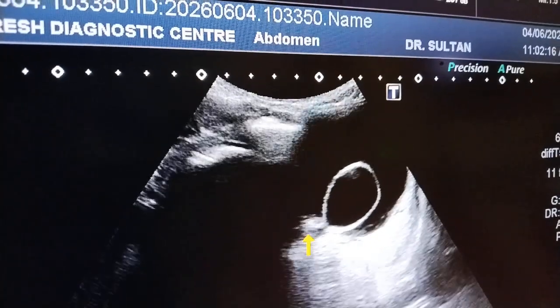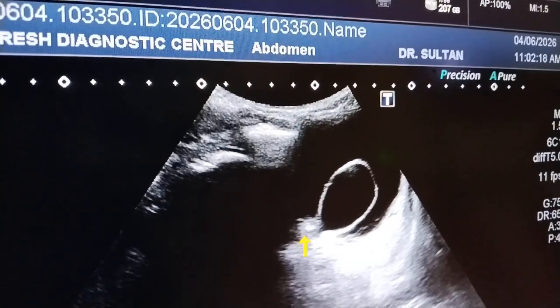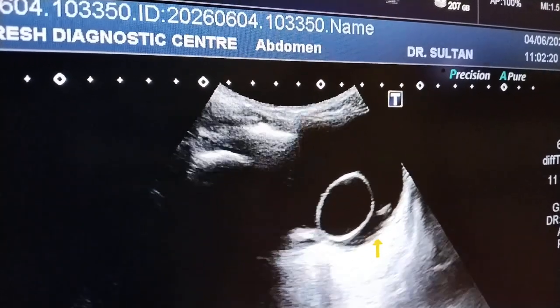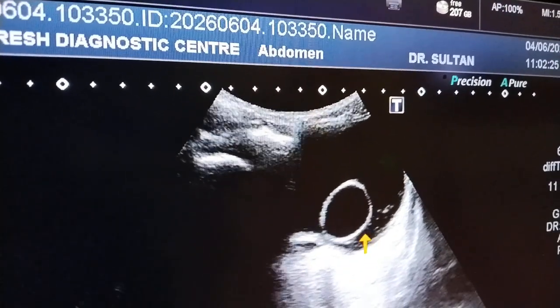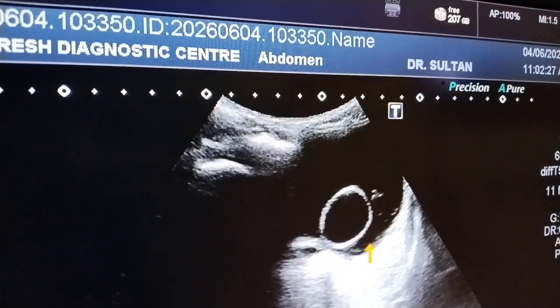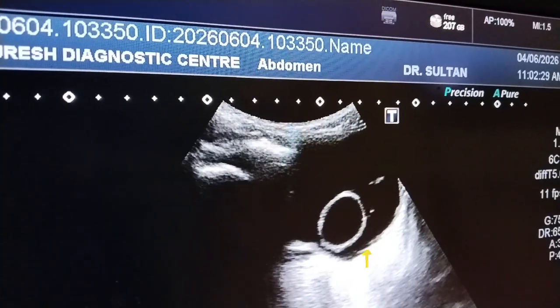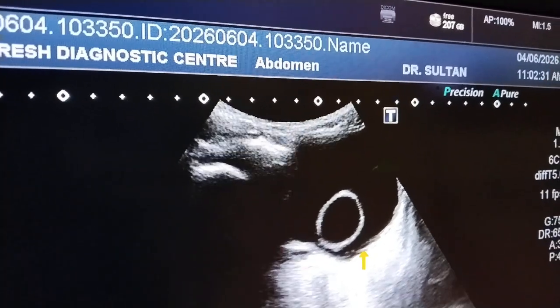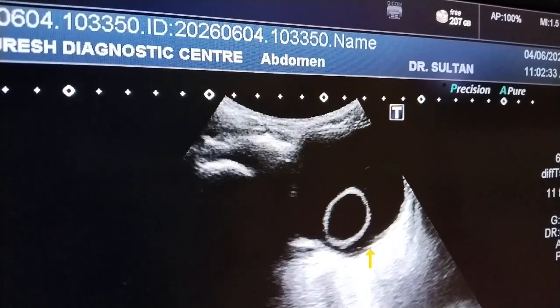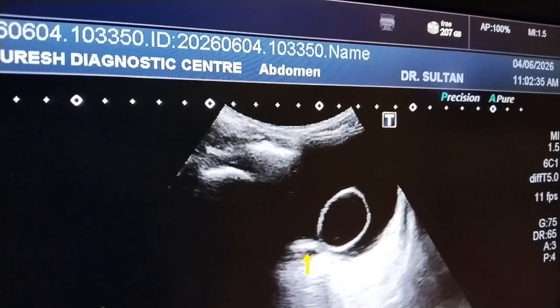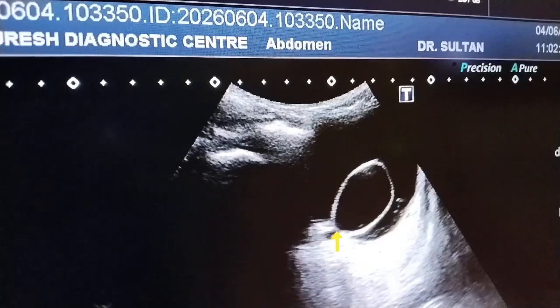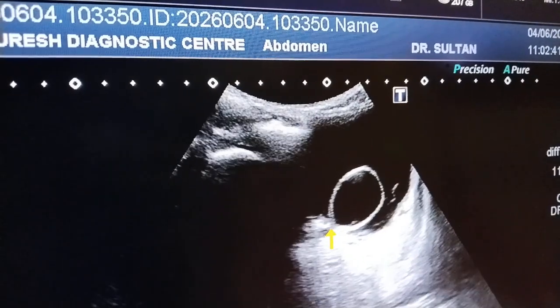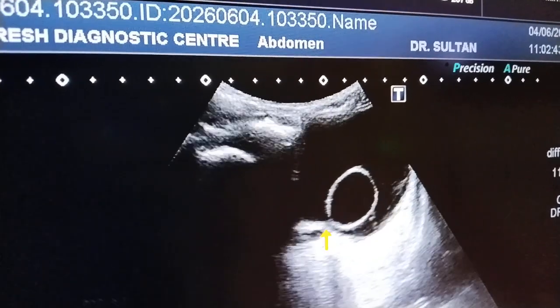This is the distal ureter on the right side, and here we can appreciate the echoes coming from this area. This is the left VUJ, and on the right side, this distal ureter, when it enters into the urinary bladder.